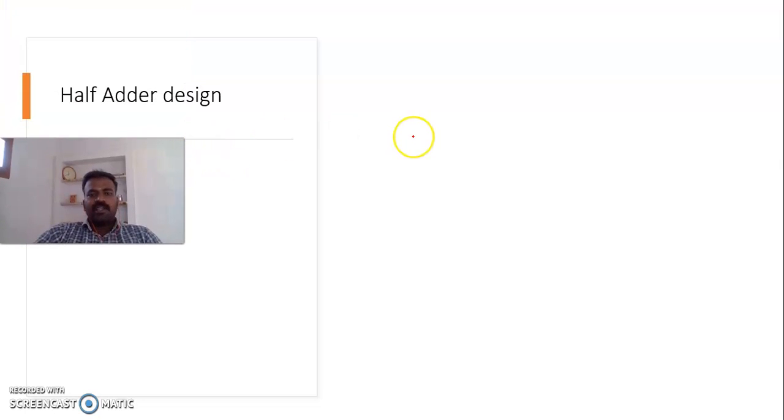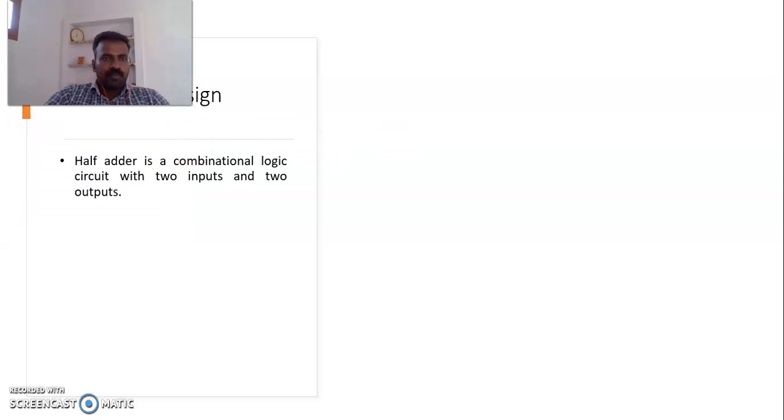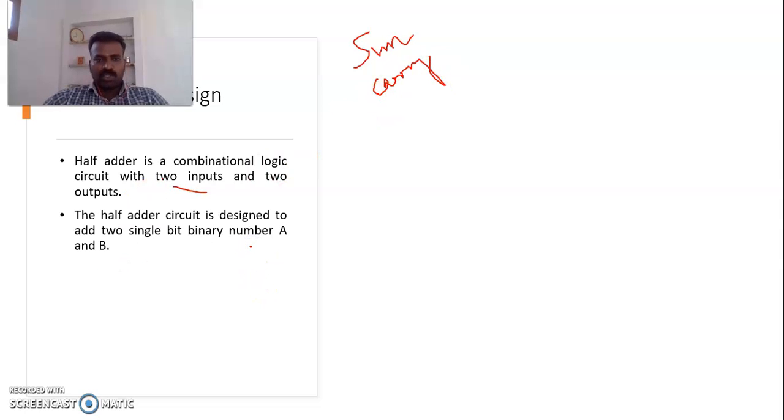So in half adder design, a half adder is a combinational logic circuit with two inputs and two outputs. There are two outputs possible. One is sum, another one is carry. Okay, so two inputs and two outputs.